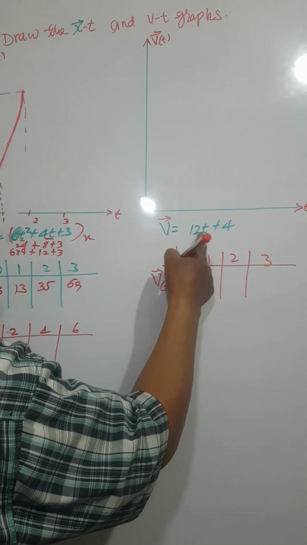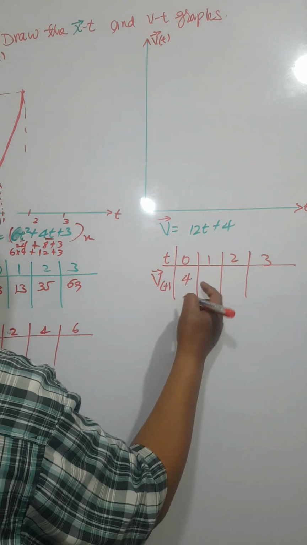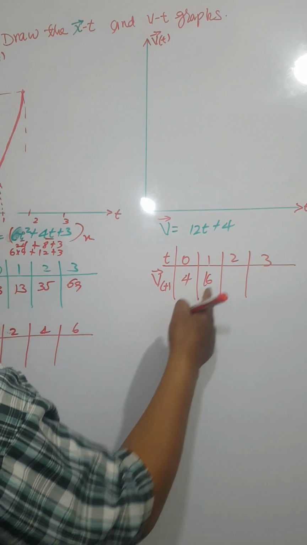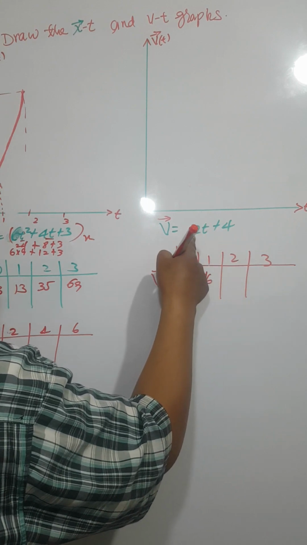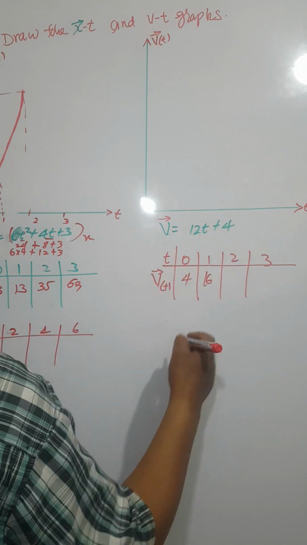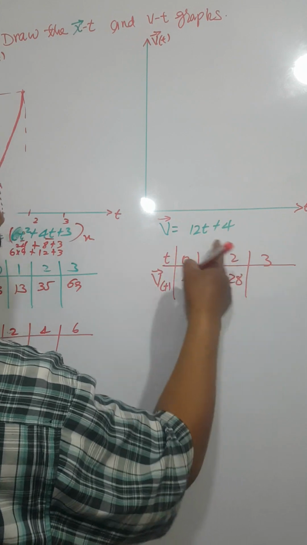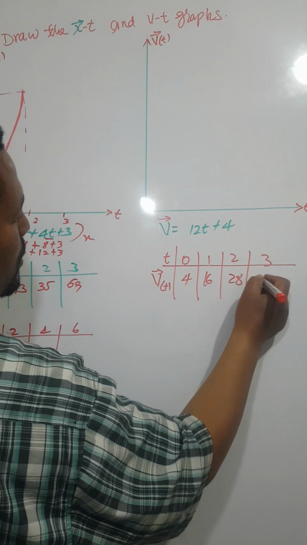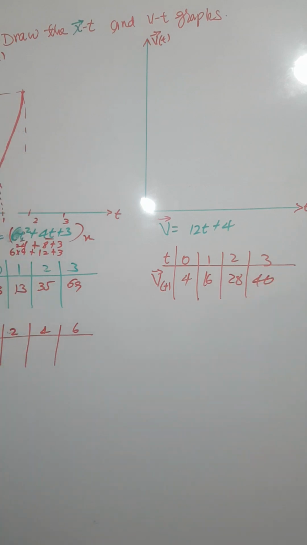When the time is 1, 12 plus 4 is 16 meters per second. When it is 2, 24 plus 4 is 28. When it is 3, 36 plus 4 is 40 meters per second.